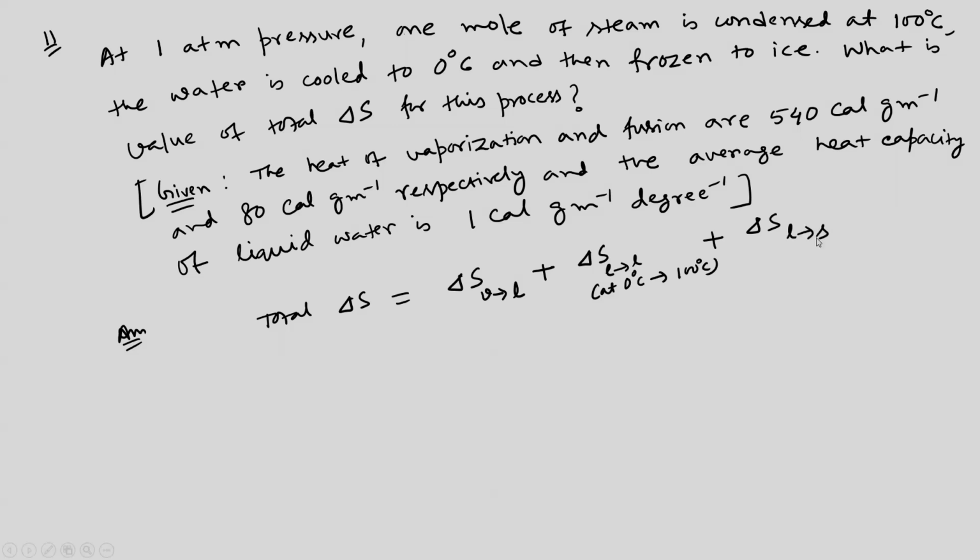So, we need to calculate 3 different entropy changes for 3 different processes separately, and then if we add them up we get total entropy change for the whole process.